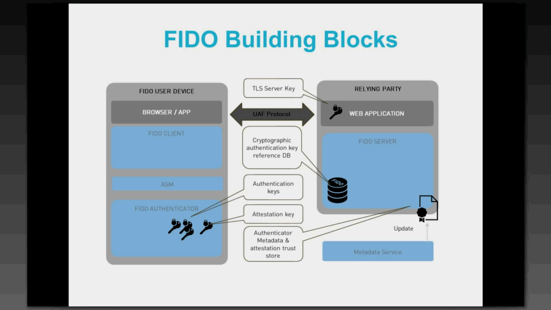Can you compare and contrast FIDO with SAML tokens? Yeah, so essentially this is the first mile, second mile discussion, right? SAML is a federation protocol. So you have to authenticate as a user to the federation server, to your SAML server, and then the SAML server generates that information and enables you to send that token, the SAML token, to a service provider to log into a different application.